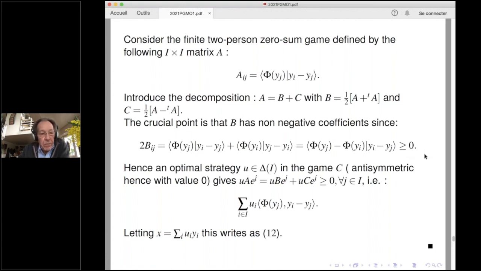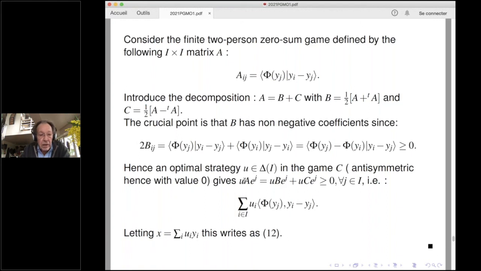So the matrix B has positive components. Now the matrix C is antisymmetric, so its value is 0. Take an optimal strategy of player 1 in the game C. Then you look at what it gives in the game A. It gives the payoff in B plus the payoff in C. The payoff in C is positive, and the payoff in B is positive because B has positive coefficients.